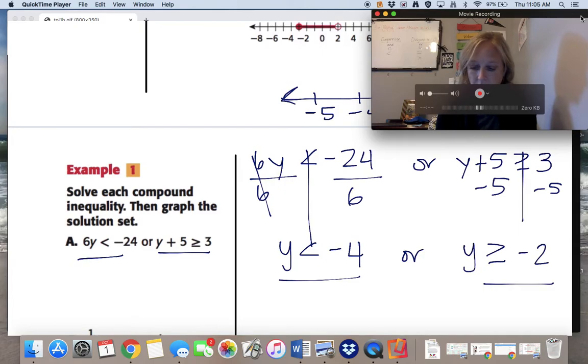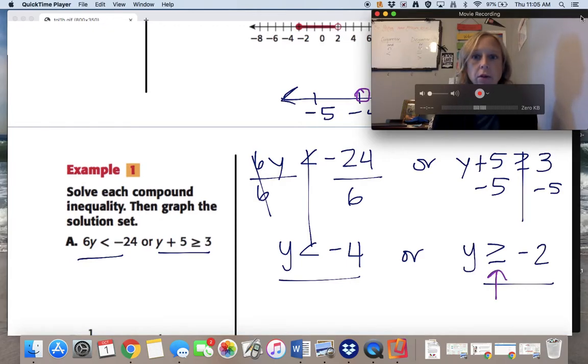I'm going to draw circles for each of my values. So I'll draw a circle for -4 and a circle for -2. I color in circles that include the equal to part. So -2 has that equal to part with its inequality.